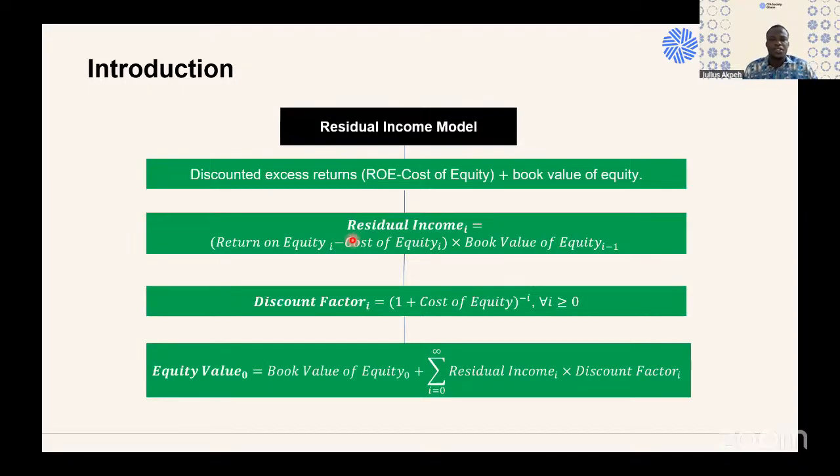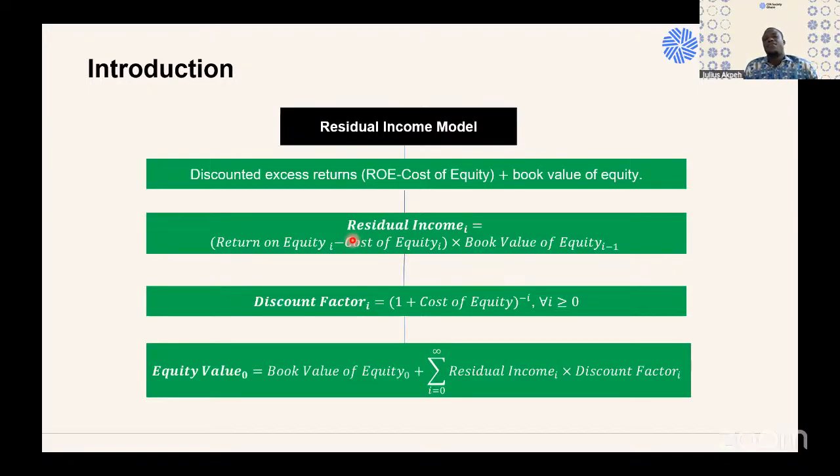And the cost of equity is how much it costs the business to raise the equity capital. In other words, the minimum return the investors are expecting from the business. So take it this way: return on equity is what the business is giving to investors, and cost of equity is what investors are expecting from the business, right? Good. We'll get into details of this.